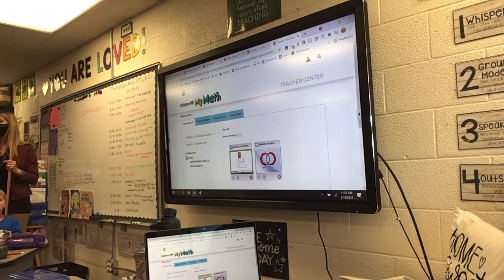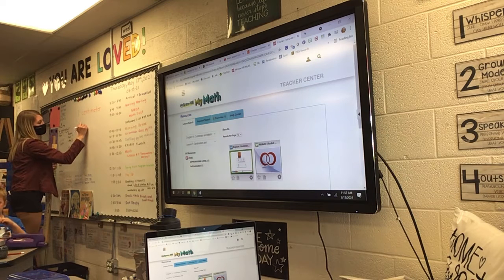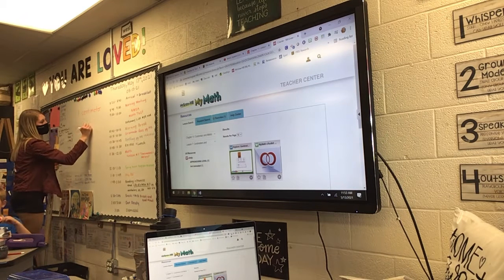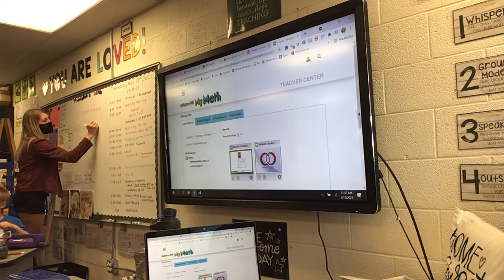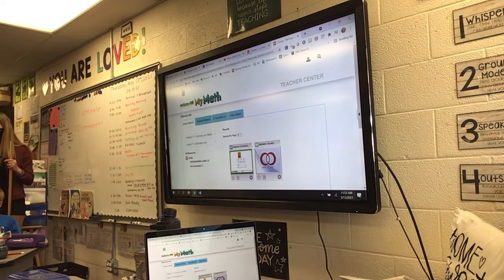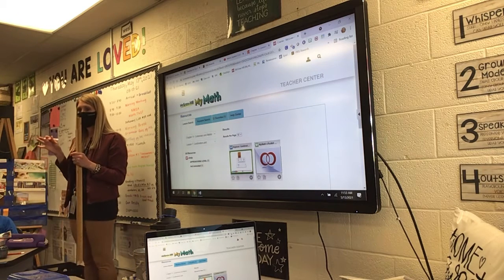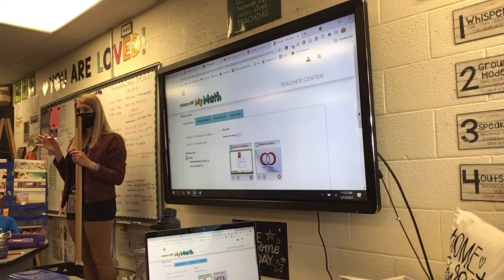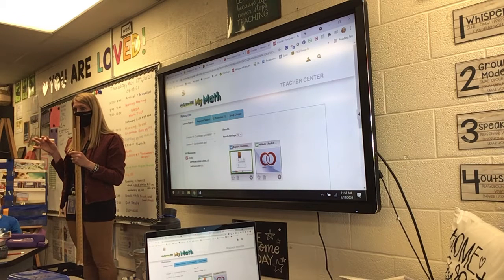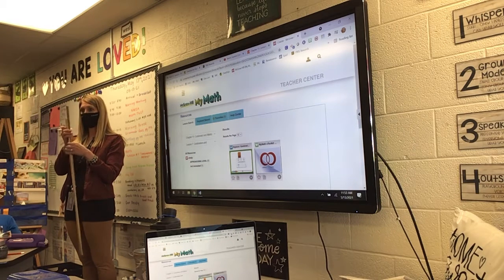Now, who can tell Mrs. Murphy if I have 100 centimeters, how many meters is that? What is that equal to? If I have 100 centimeters, John, what does that equal to? If I have 100 of these, which Mason just showed us 100.